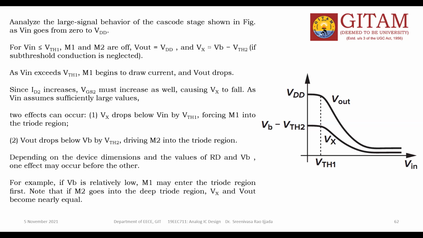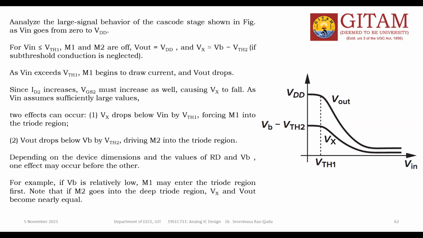From this characteristic I'm going to explain what happens if the input voltage is 0, what happens if your input voltage is less than VTH1, what happens if it is greater than VTH1, and what happens if it is far greater than VTH1. These are the conditions. I started my journey with both transistors in saturation.